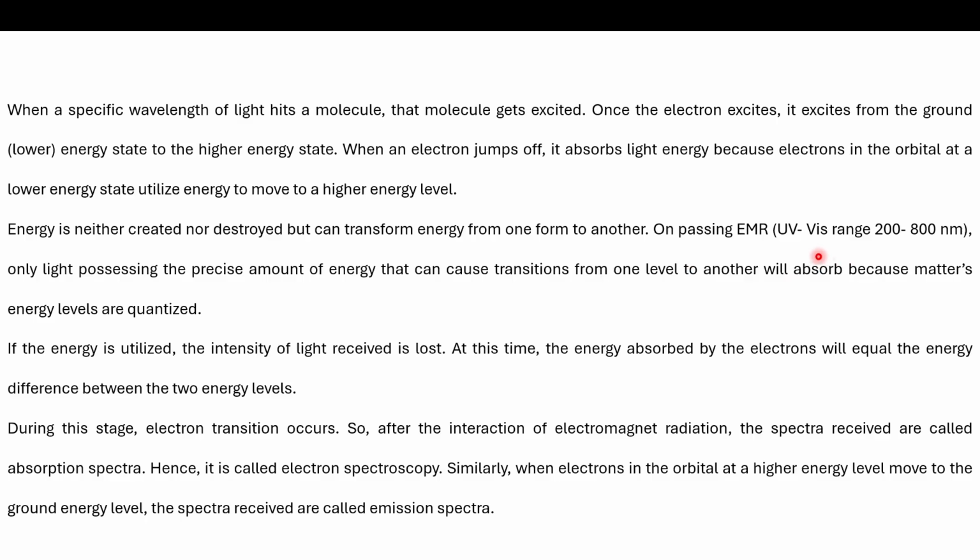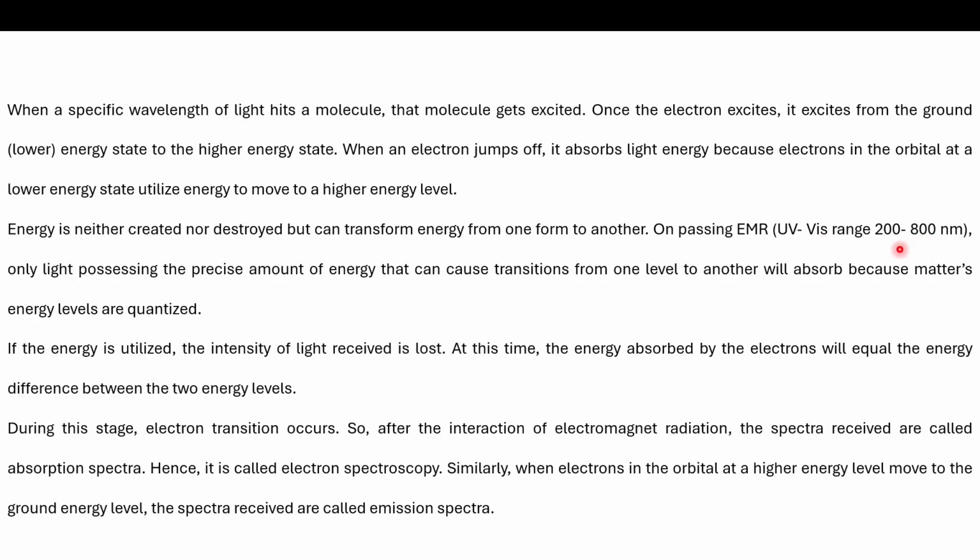So energy is inversely proportional to the wavelength of the light. Likewise, frequency and wavelength are also inversely proportional. Only light possessing this precise amount of energy, in wavelength terms, can be written as hc by lambda.